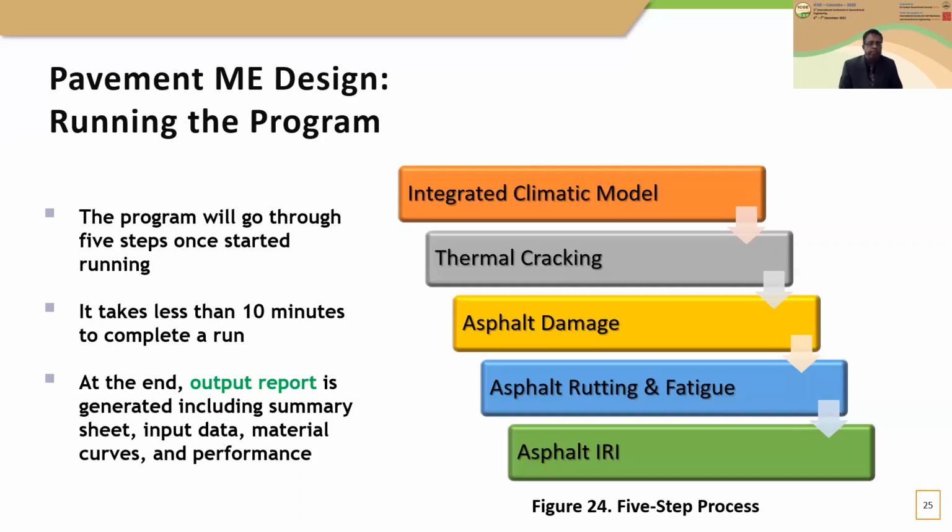Running the program. The program takes less than 10 minutes to complete the 5-step process. It generates an output report, including a summary sheet, input data, material curves, and performance of pavement over the design period.